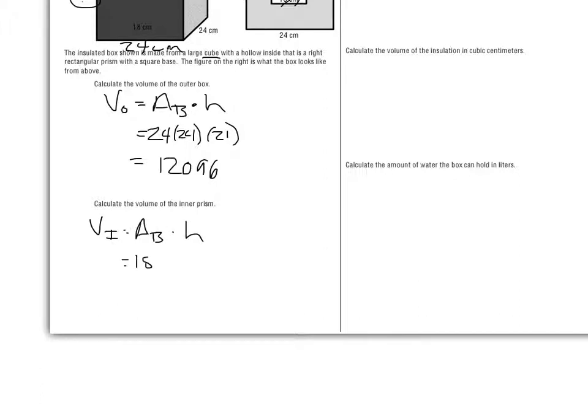The base is 18 times 18 times the height, which is also 21. So when we calculate that out, it will be 6,804, and we never put units on either of these: cubic centimeters.